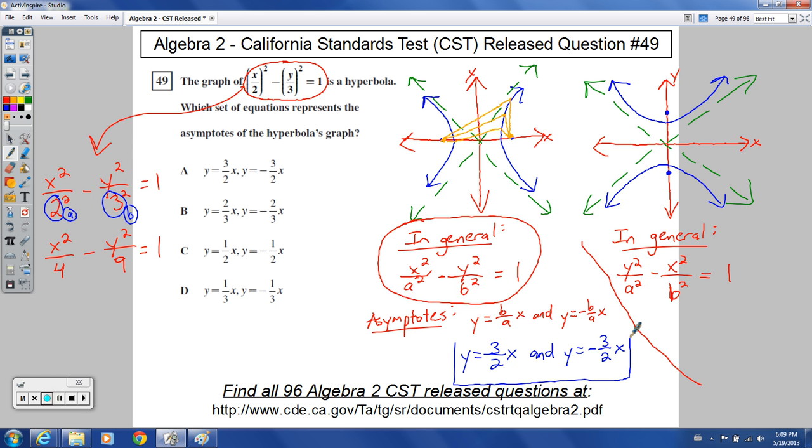So these are your equations for the asymptotes. These would be the green lines in a sense. I'm not drawing this to scale at all, but these would be the green lines, the equations of those lines which the hyperbola would never actually touch. It would get infinitely close to that line as you extend it out farther and farther, but never actually touch. So 3 halves x, negative 3 halves x. What choice is that? It looks like choice A for number 49.